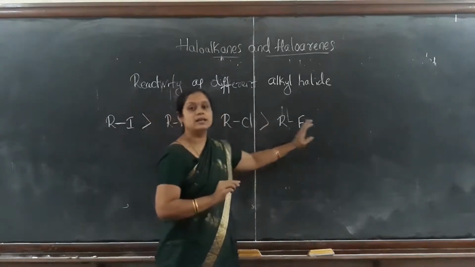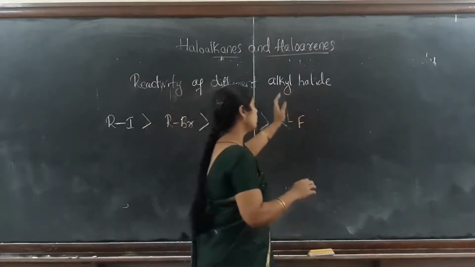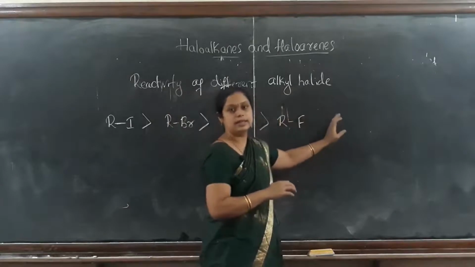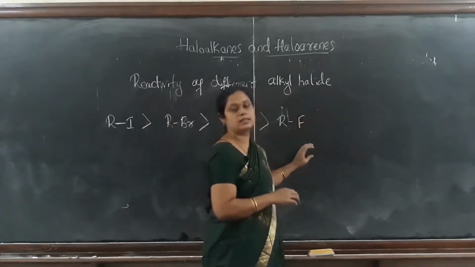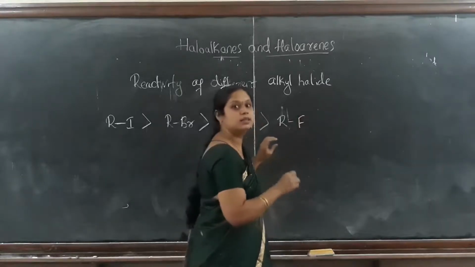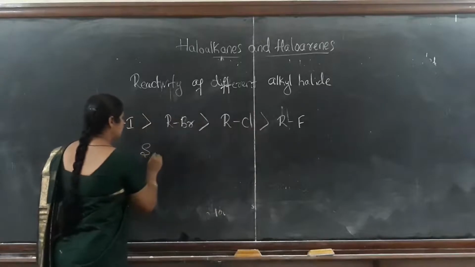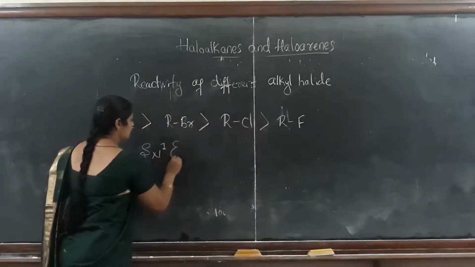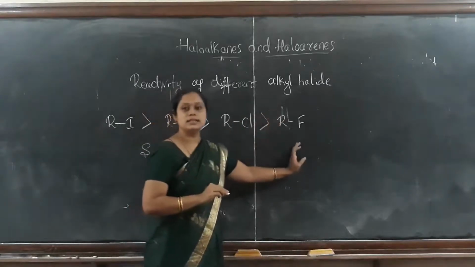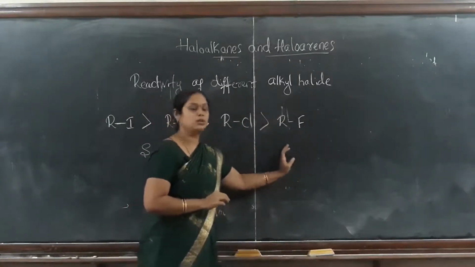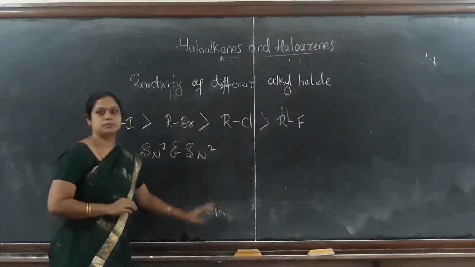Alkyl fluoride has a lower bond length, hence the bond strength is more. This is the order of reactivity for both SN1 and SN2 mechanisms. Alkyl fluoride has the least reactivity towards SN1 and SN2 mechanisms.